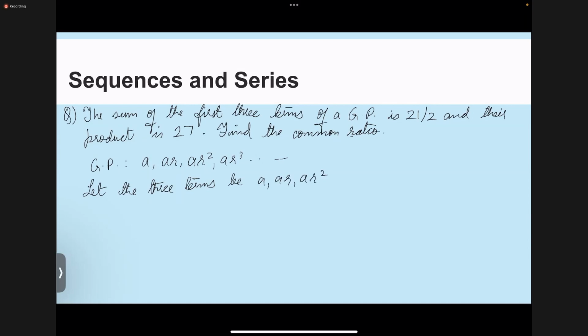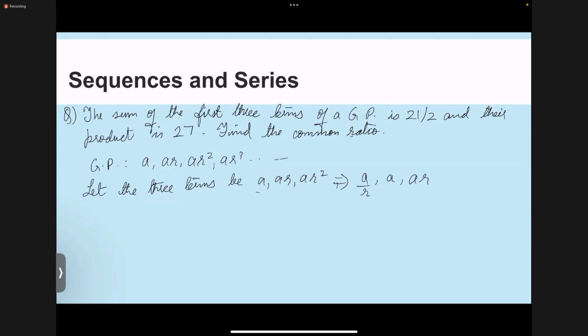But over here you can see we have to find the product also. So you can also write this as if you divide the entire geometric progression by R. So you get A by R, AR by R will give you A, and AR squared by R is going to give you AR.